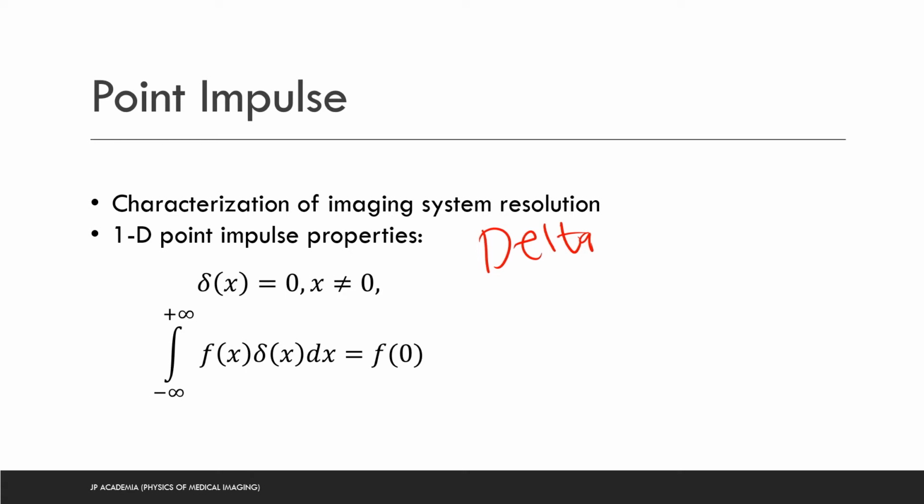The point impulse is not really a function in the usual sense, but instead it acts on another signal through integration, as shown here. It models the property of a point source by having infinitesimal width, so we have infinitesimal width for this point impulse and a unit area.